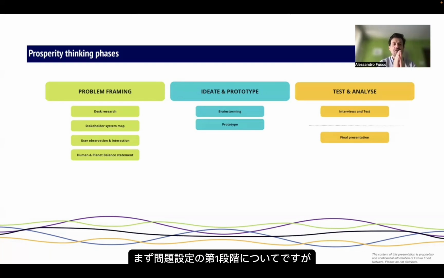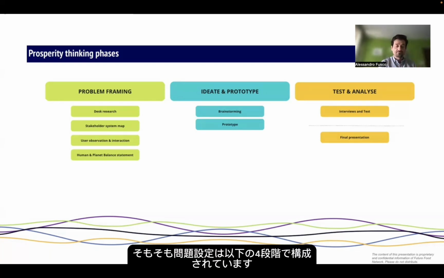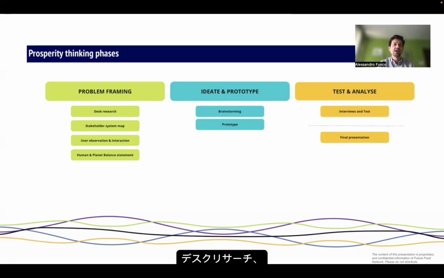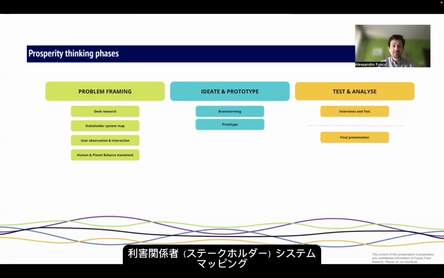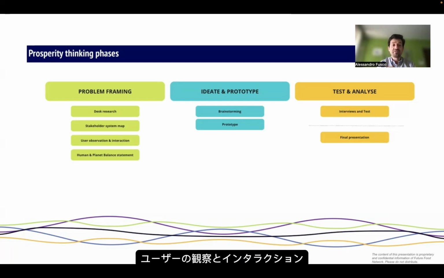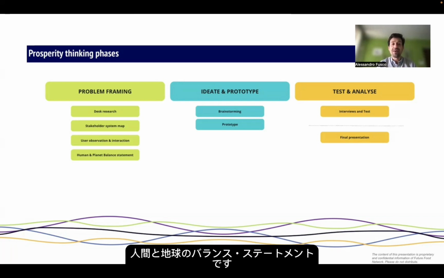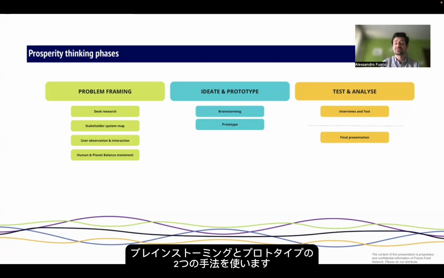The first phase of problem framing is composed by four methods, four activities that are desk research, stakeholder system mapping, user observation and interaction, human and planet balance statement. The second phase is ideation and prototype with the two methods of brainstorming and prototype.